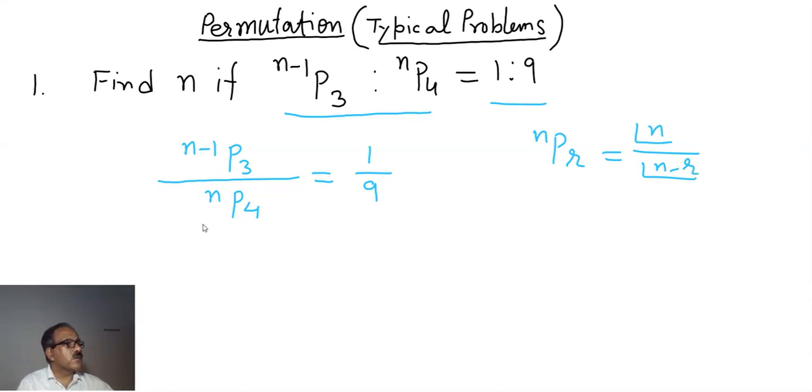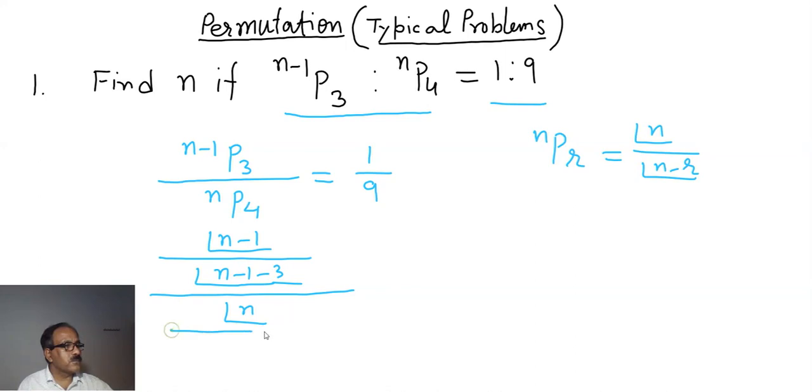So this (n minus 1)P3 may be written as factorial n minus 1 upon factorial n minus 1 minus 3, in denominator factorial n upon factorial n minus 4, here 1 upon 9.